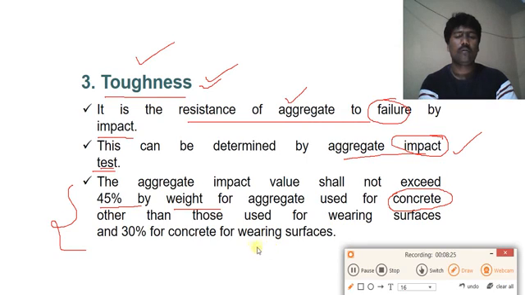the strength, that is the impact strength should not be more than 45% by the weight of an aggregate. Likewise, if you are using these aggregates for the wearing surfaces, as I mentioned in the previous slide, in those cases this aggregate impact value shall not exceed 30%.